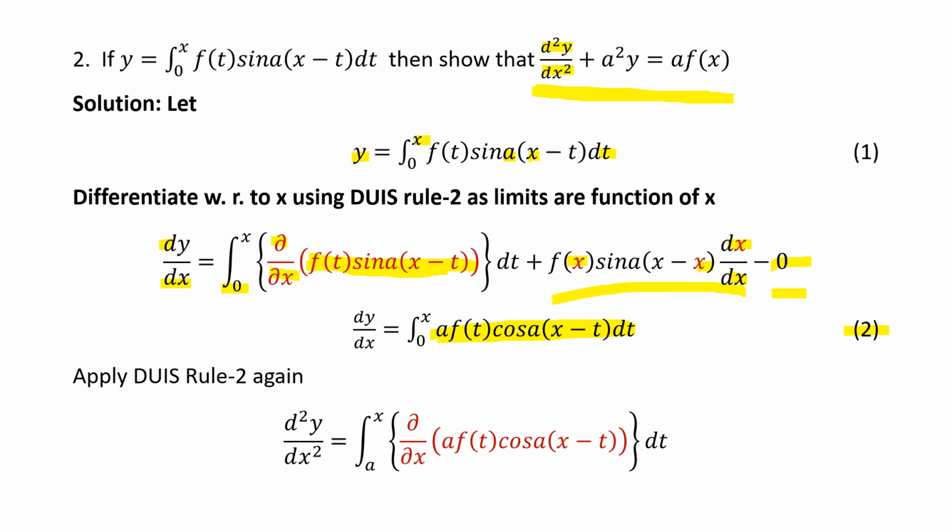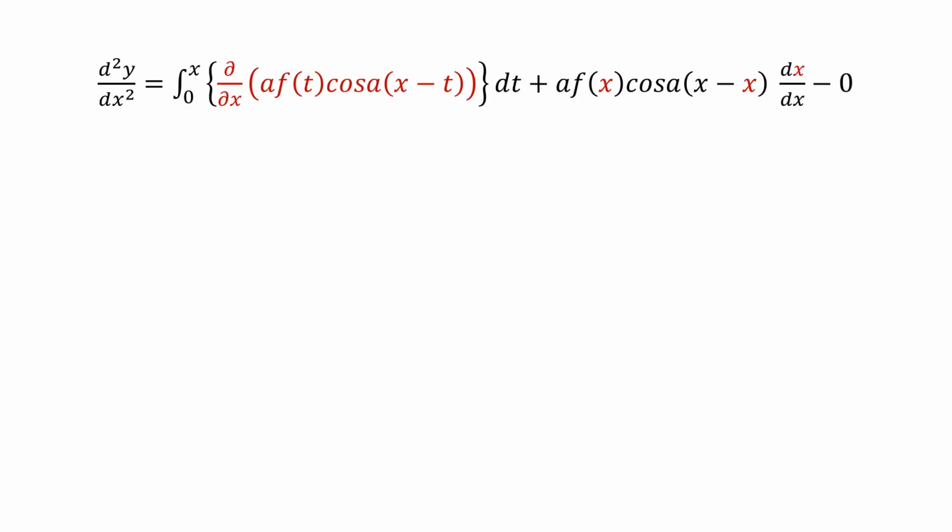So d2y by dx square is equal to d by dx of the integral. That d by dx will go inside the integral, then it is 0 to x del by del x of this whole function, that is a into f of t into cos of a into (x minus t) dt, plus a.